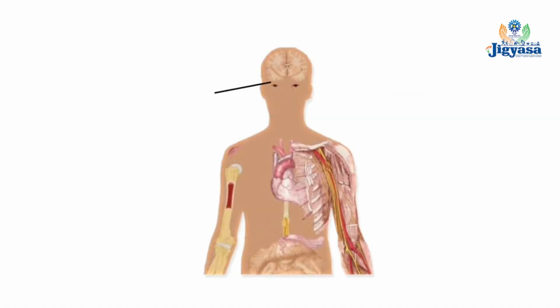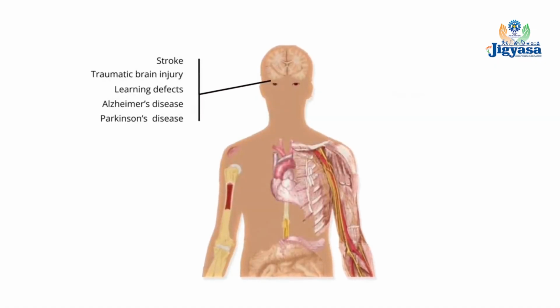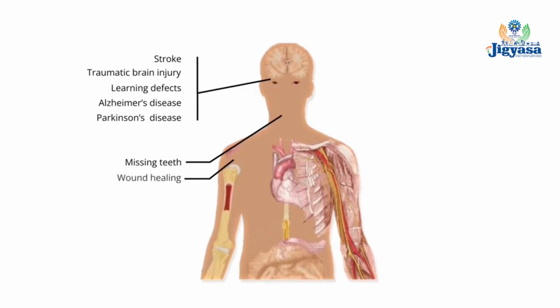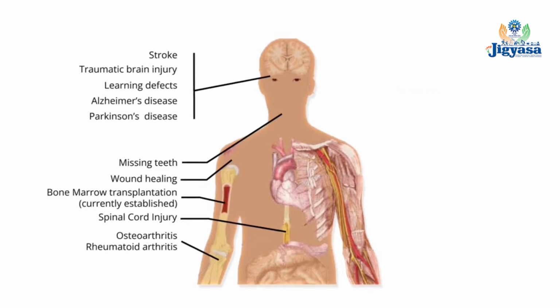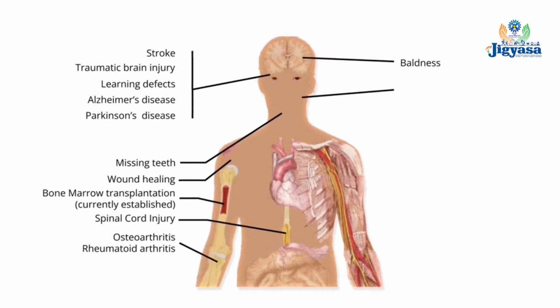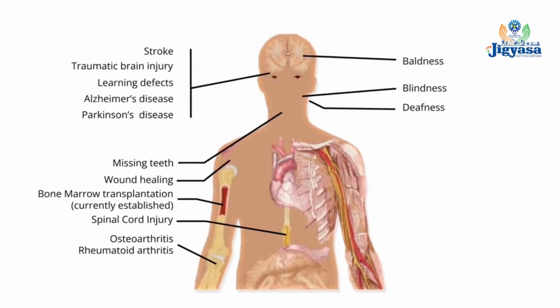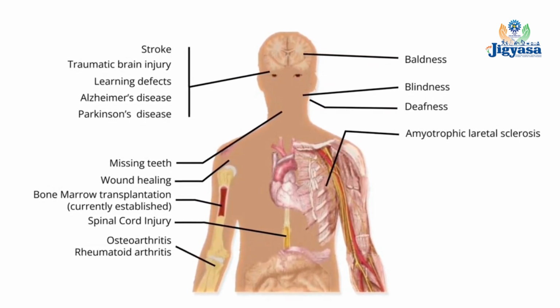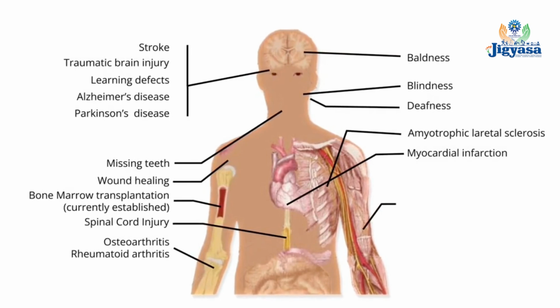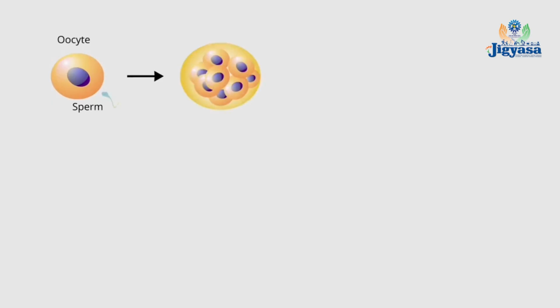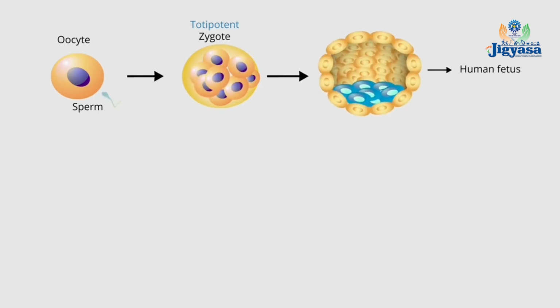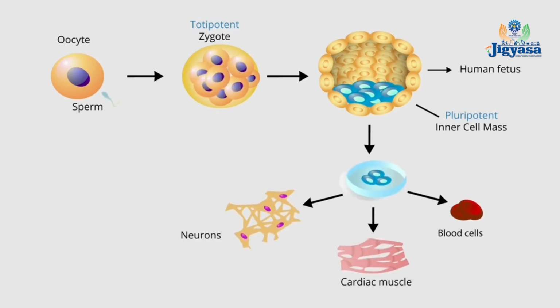We also know stem cells have various clinical applications like defects, missing teeth, bone marrow transplantation, spinal cord injury, blindness, stiffness, muscular dystrophy, and diabetes. And to make it clinically suitable for different purposes, we need to first isolate them from its cell mass.